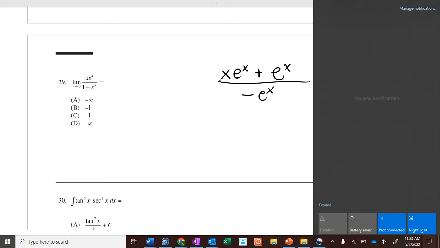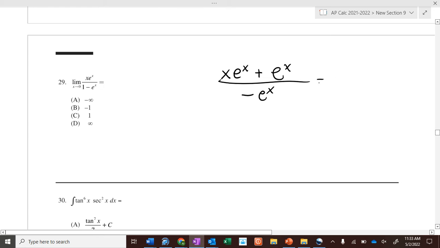Now, let's factor out e to the x. So it's x plus 1 over negative e to the x. The e to the x's cancel. So it's x plus 1 over negative 1. And if we put in a 0, we get 1 over negative 1, which is?